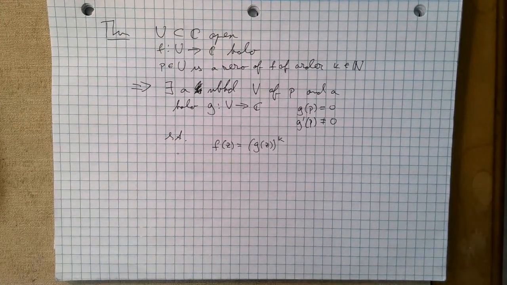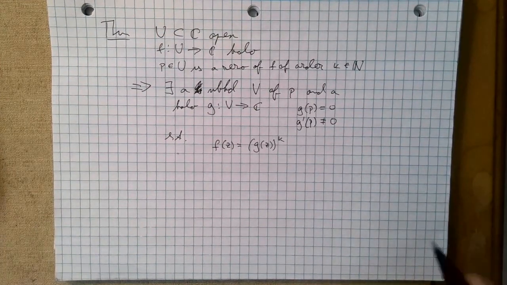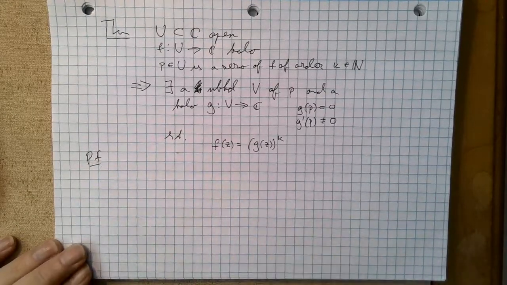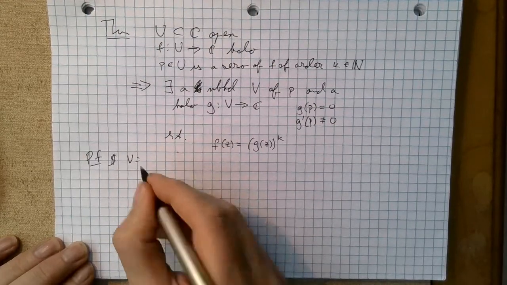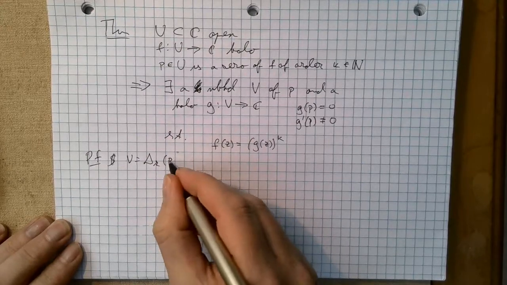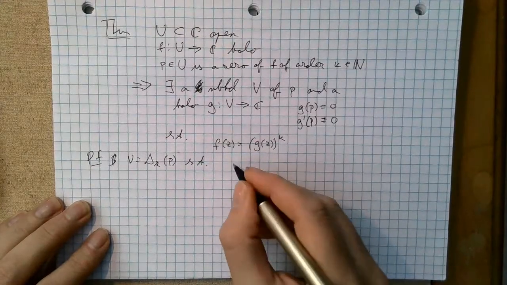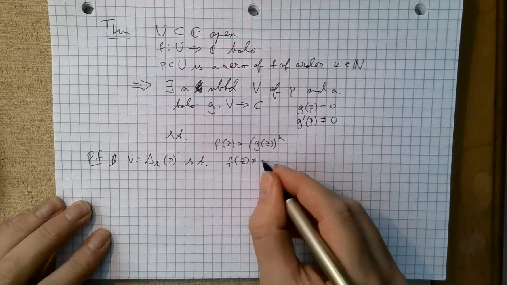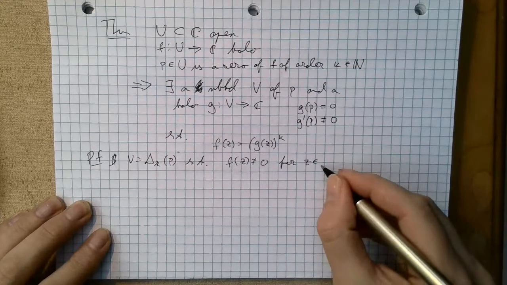All right, so let's prove this, and it's not too difficult actually, strangely. So suppose our V is going to be a disk around p, such that f of z is just not equal to 0 for z in the punctured disk.